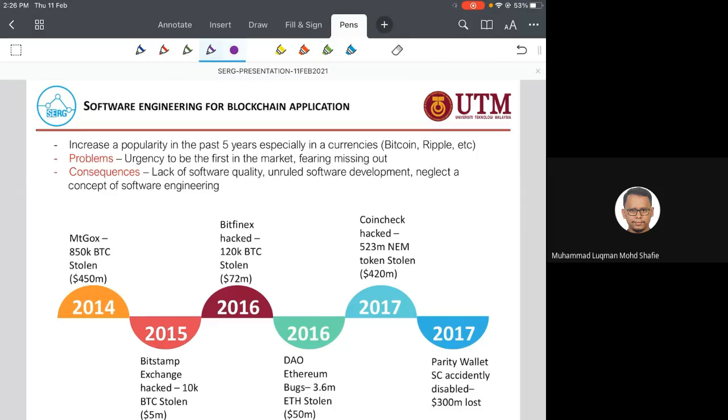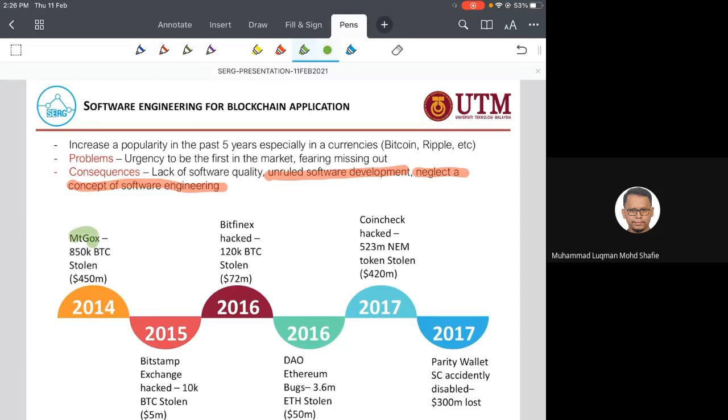The software development process, where they get the requirements and from the requirements they design and so on, is not very systematic, and they neglect the concepts of software engineering. So this is the problem for the past 5-6 years.